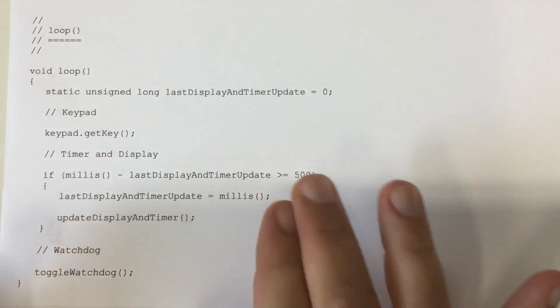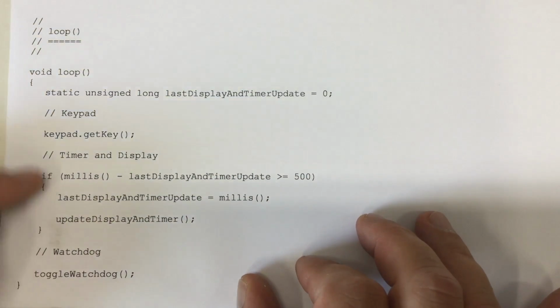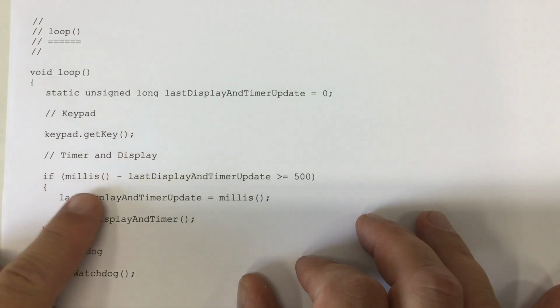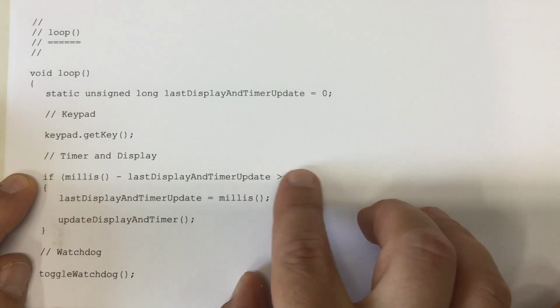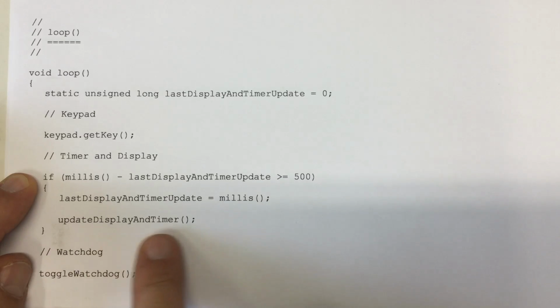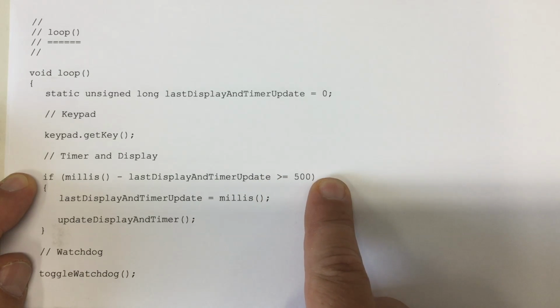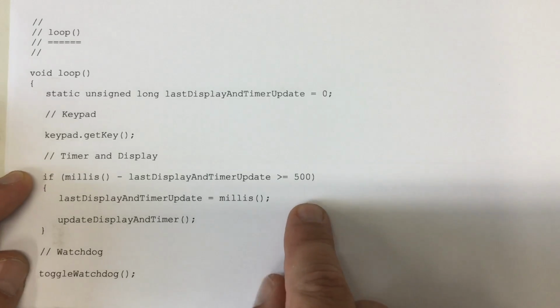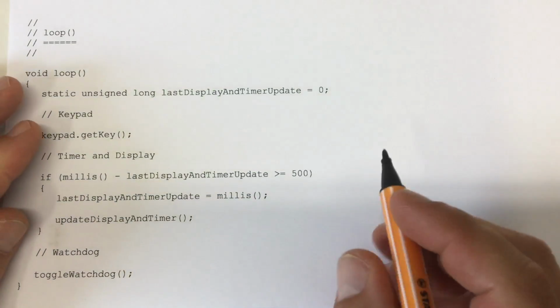Yeah. Another, I call it flaw, was actually in the loop function, where I used the millis to determine when to call my update display and timer function, every 500 milliseconds, that is. And in theory, I think I talked about it.